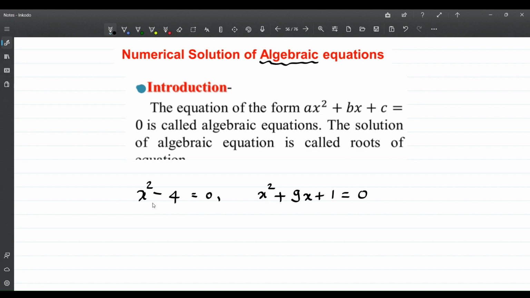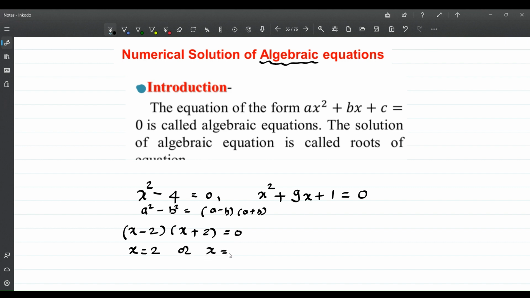If we are going to solve this equation, then we'll use a square minus b square, which is a minus b, a plus b. By using this formula, we have x minus 2 into x plus 2 is equal to 0. Then x is equal to either 2 or x is equal to minus 2.